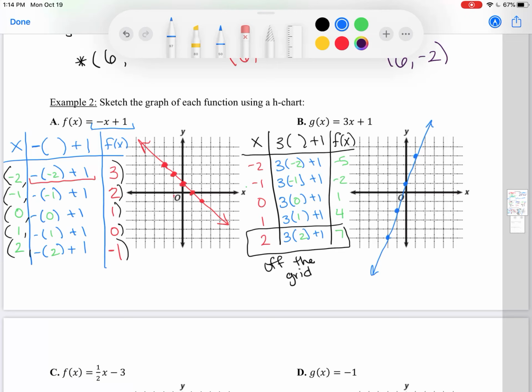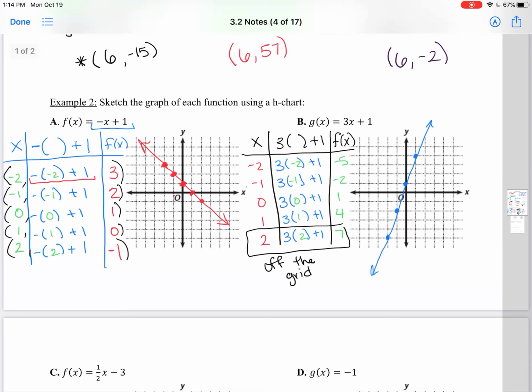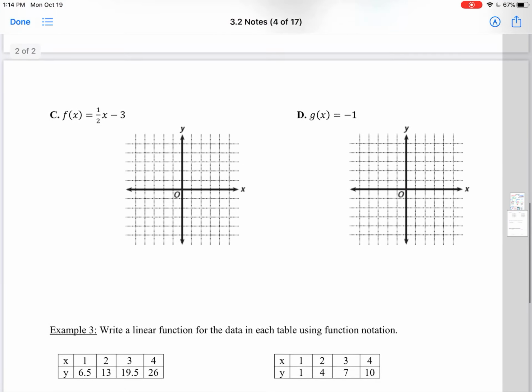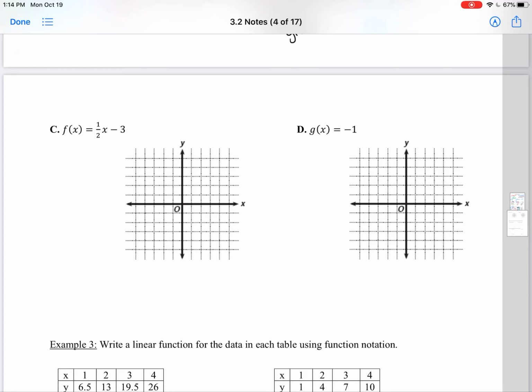grid, which is fine. And the reason that's fine is because I have plenty of points to make my line already. So I don't actually have to graph 2, 7 because I got 4 other points that I can connect and still make my line. Okay, if you didn't have enough points, then I would advise you to make more points and plug in more values for x.